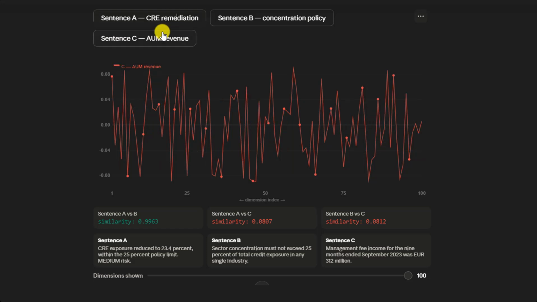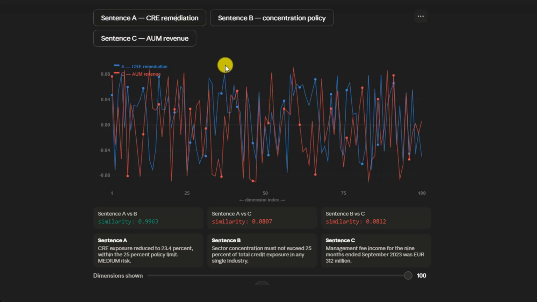Actually, let me remove the CRE remediation as well. You see that this is different in its structure. If I compare it to sentence A, the similarity score between A and C is not that great, and so is B versus C, because A and B are close in meaning, whereas the AUM revenue talks about something completely different.